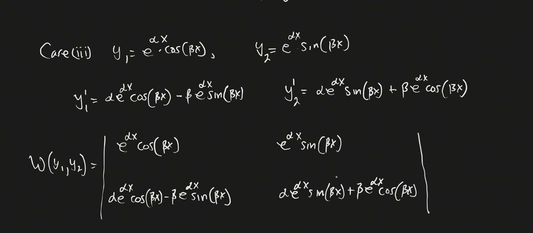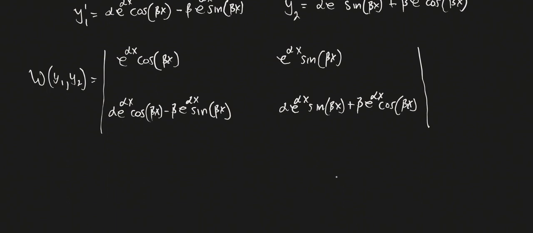All right. So again, it's messy because of the need for the product rule for both terms. But let's see what we can do. If I take this times this, there's not much I'll be able to do. So let's do it term by term. Let's take the e to the alpha x times cosine beta x times this term, and then times this term.